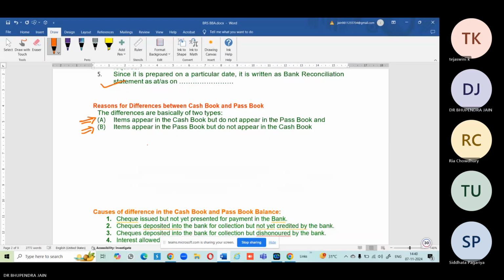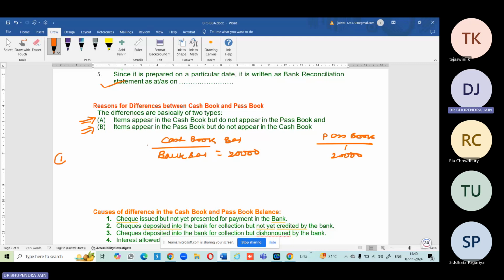Suppose in your cash book, your bank balance is rupees 20,000, or in the passbook, the balance is also 20,000.